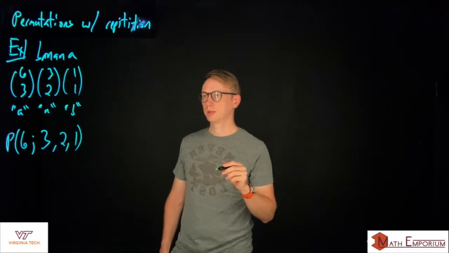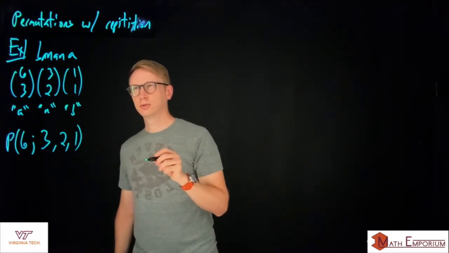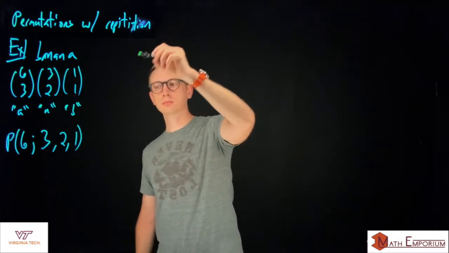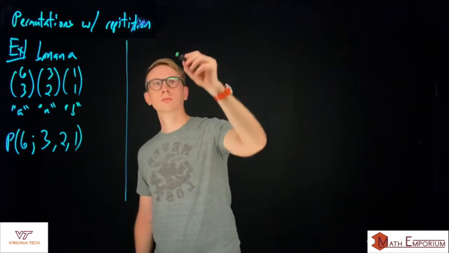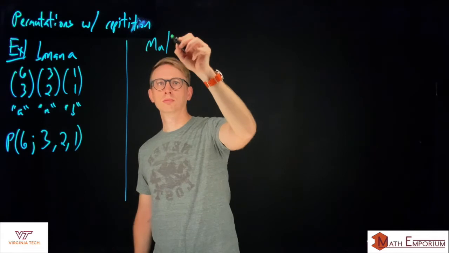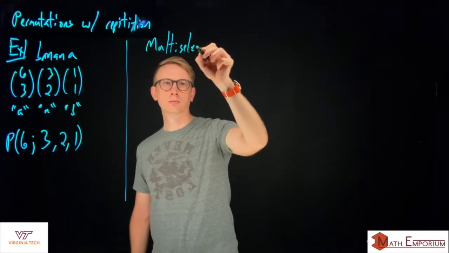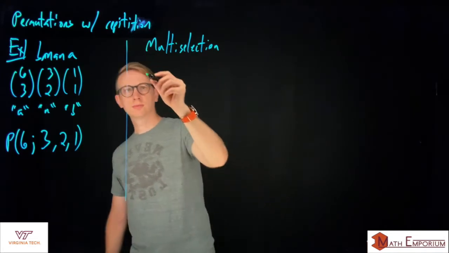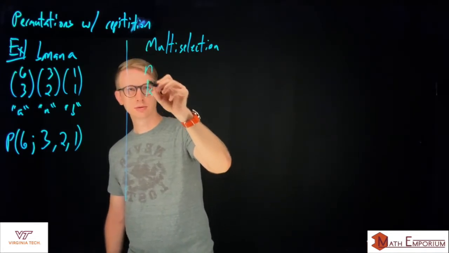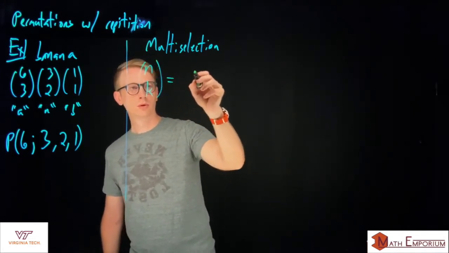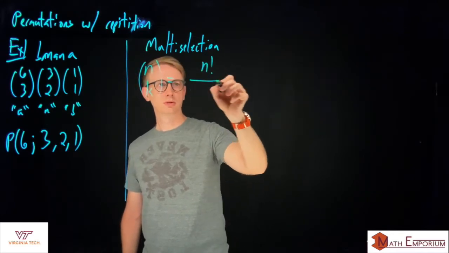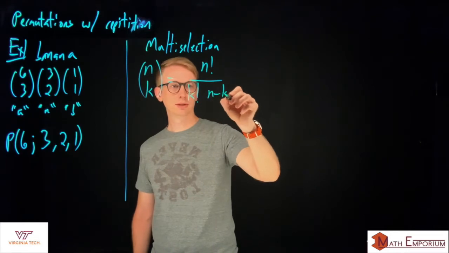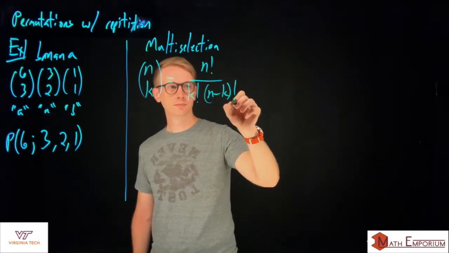Okay, so another way of doing this is to view this in terms of something called a multi-selection. We have done something called n choose k already. It's n factorial over k factorial times n minus k factorial.